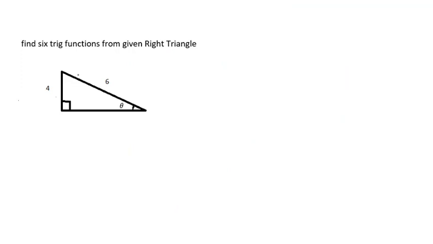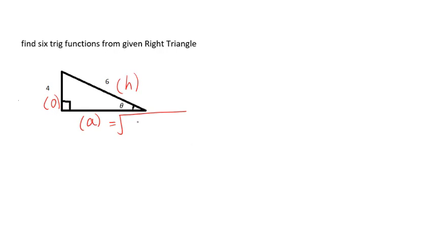Now let's go to the next question. You are given the opposite side and also the hypotenuse. First of all, use the Pythagorean theorem to figure out the adjacent side, that equals c squared minus a squared.